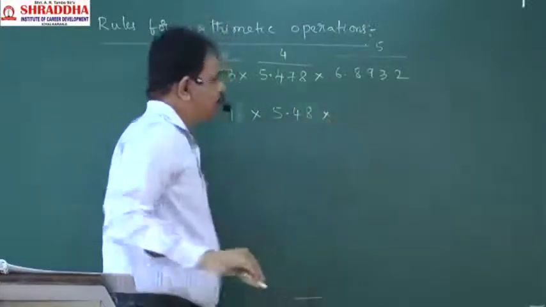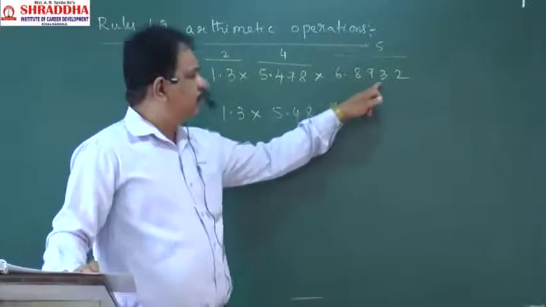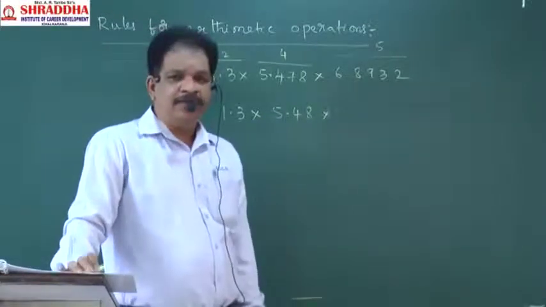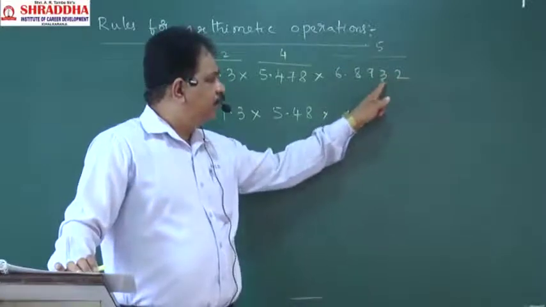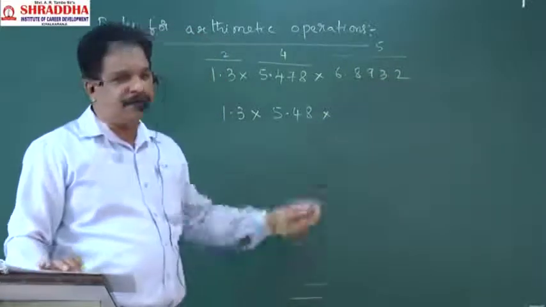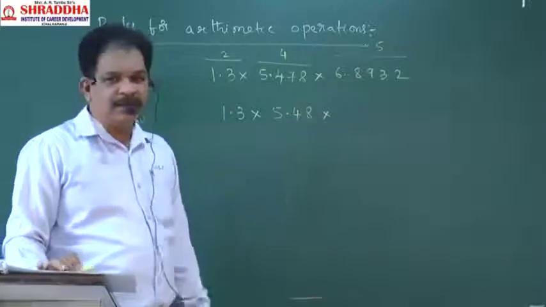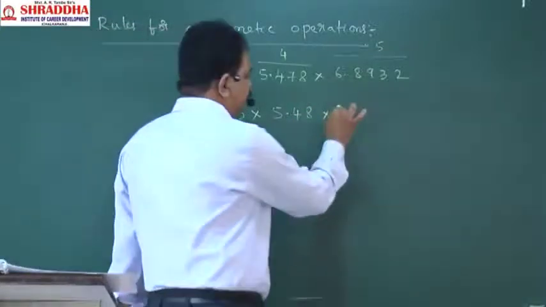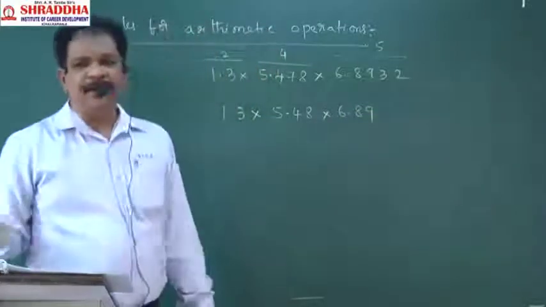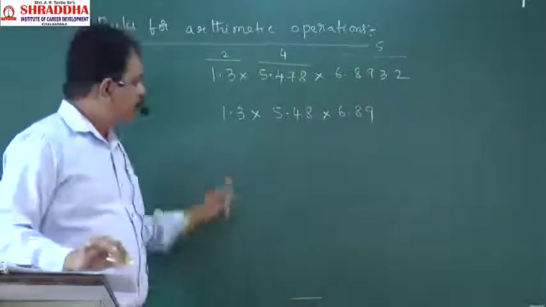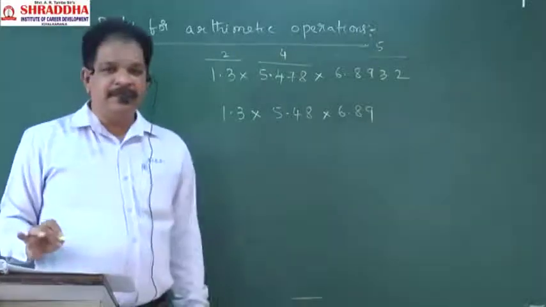So 5.48. Here, this is also rounded to have 3 significant figures. Discard this 2. The preceding digit will not change. Discard that 3. The preceding digit won't change. So this value is 6.89. Do that multiplication.